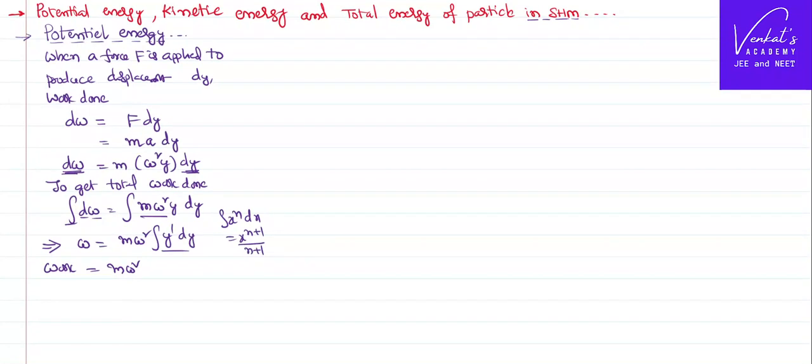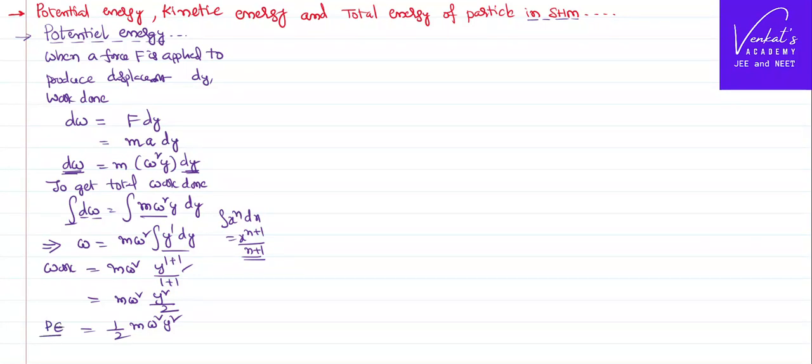So integral of y power 1 dy is y power 1 plus 1 by 1 plus 1. So work done is m omega square y square by 2, or simply, half m omega square y square. That's the total work done.